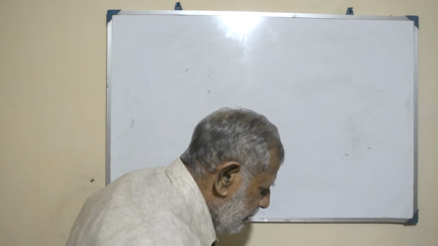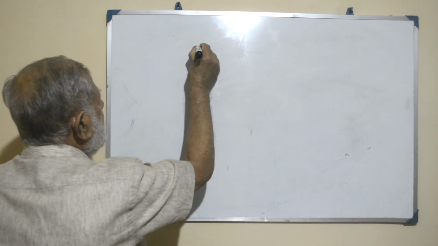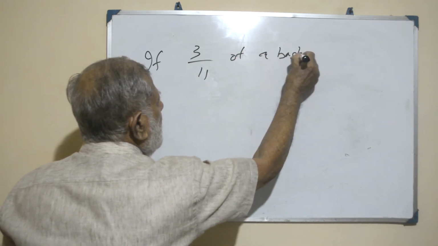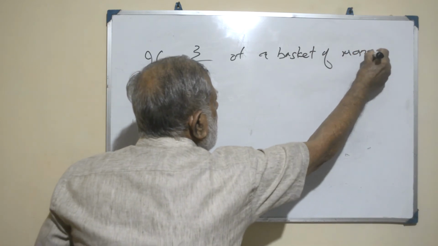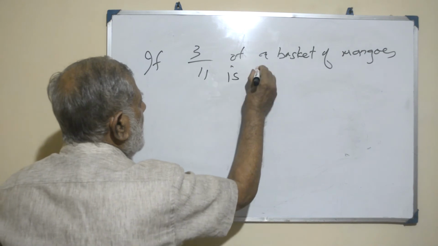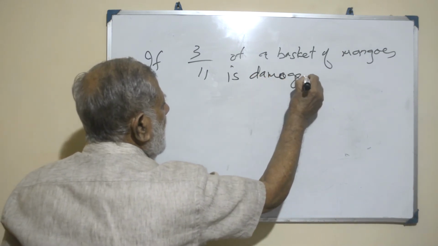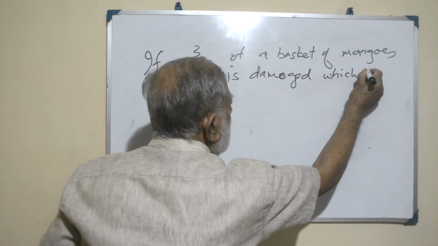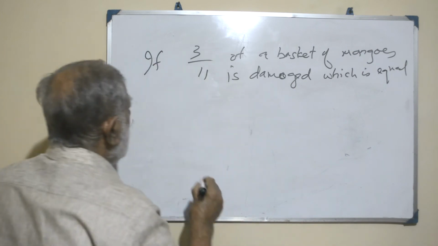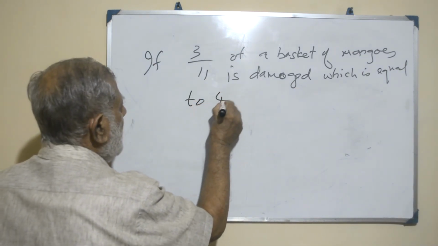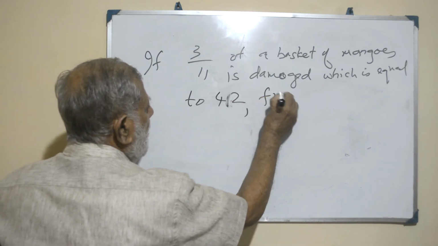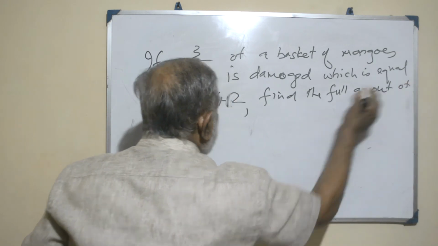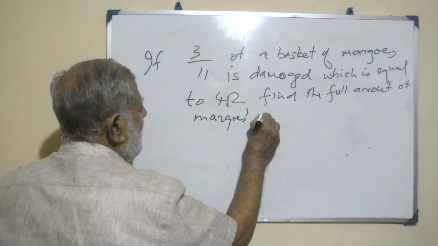If 3/11 of a basket of mangoes is damaged, which is equal to 42, find the full amount of mangoes in the basket.